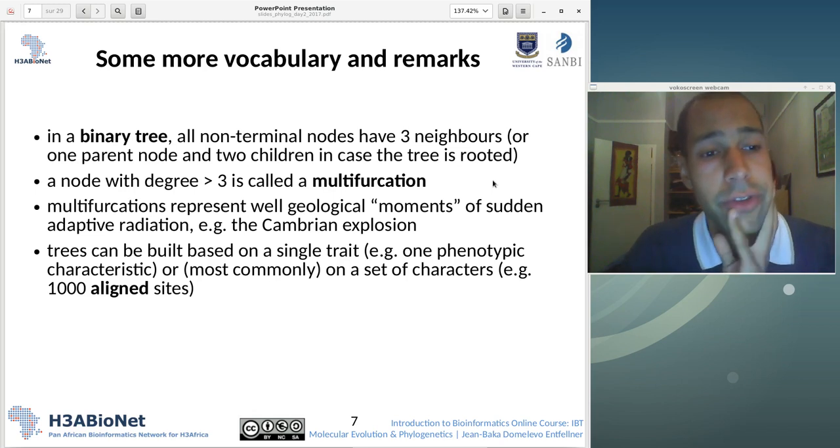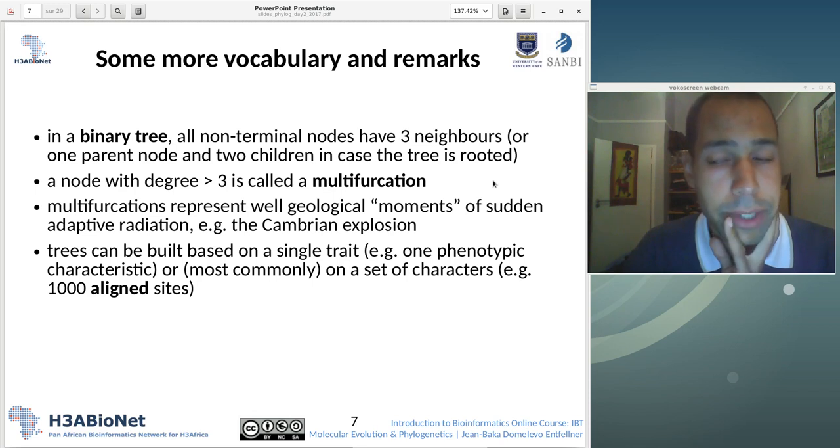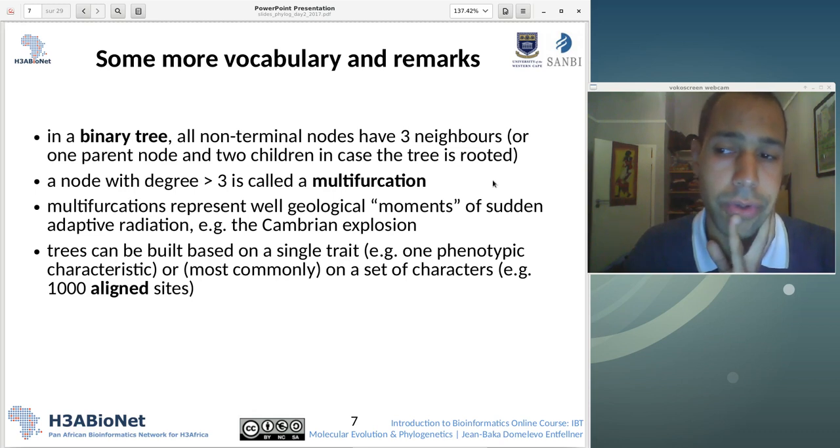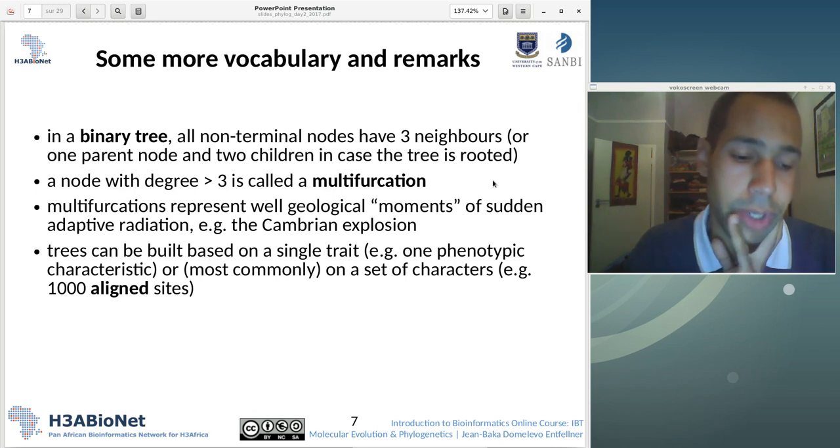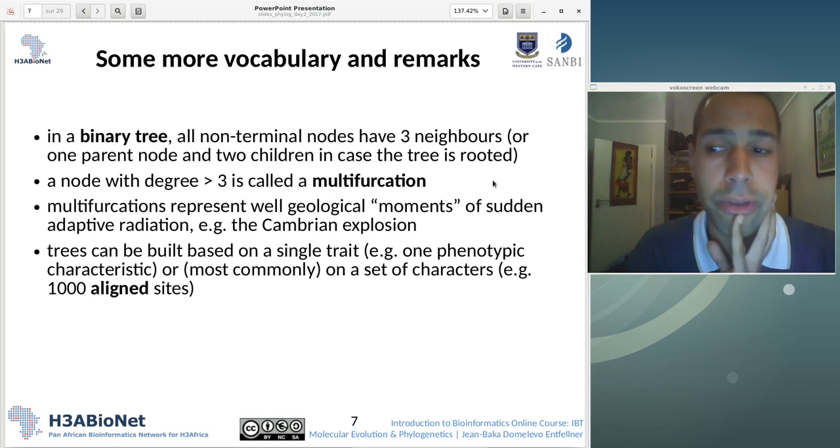If the tree is not binary, then you may have multifurcations, and a multifurcation is a node with a degree strictly bigger than 3. So in a rooted tree, a multifurcation happens whenever an internal node has one ancestor, but more than two sons.